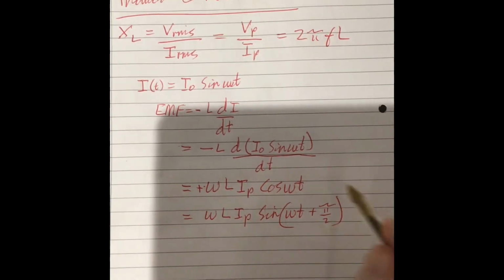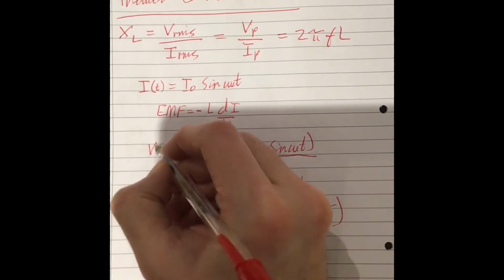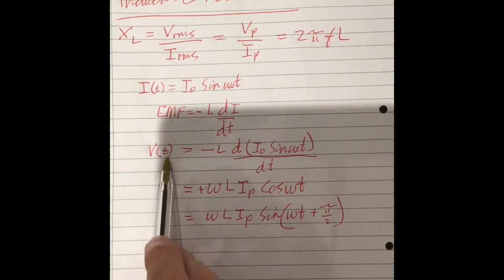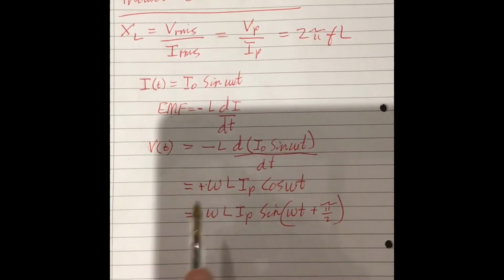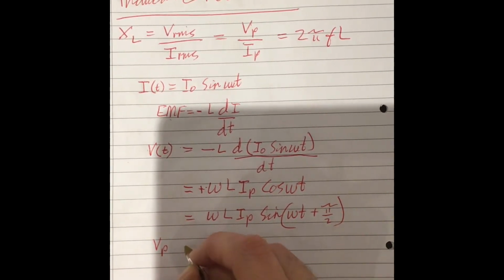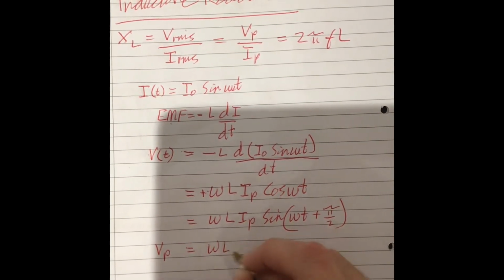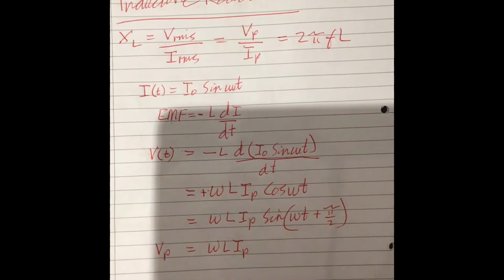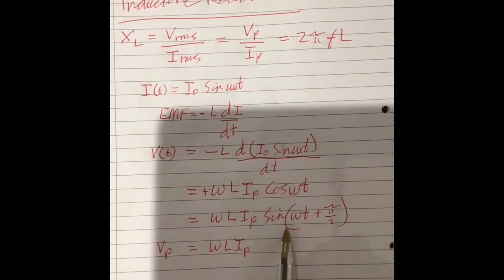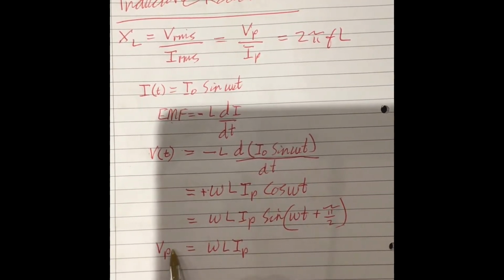So how does this help us? It helps us due to the fact that the EMF is V of t, in other words, the potential difference depending upon the time variable. And from that we can say that the peak value of the voltage is going to be omega L I P, when this trig term equals 1, whether it's cos omega t or sine omega t plus pi over 2, we'll get our peak voltage.